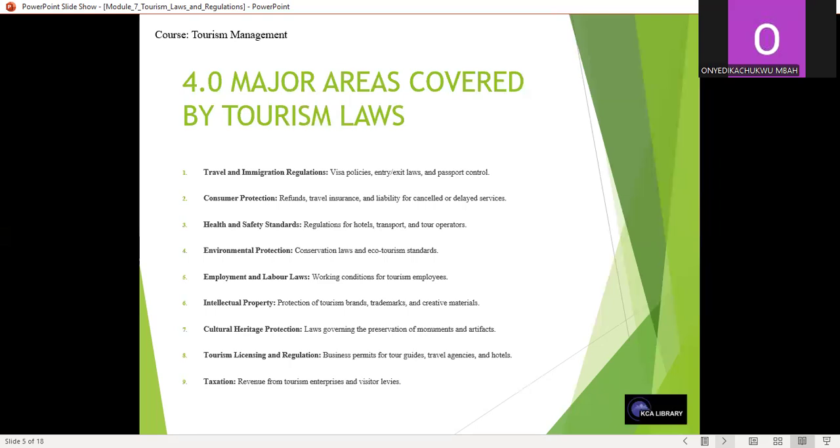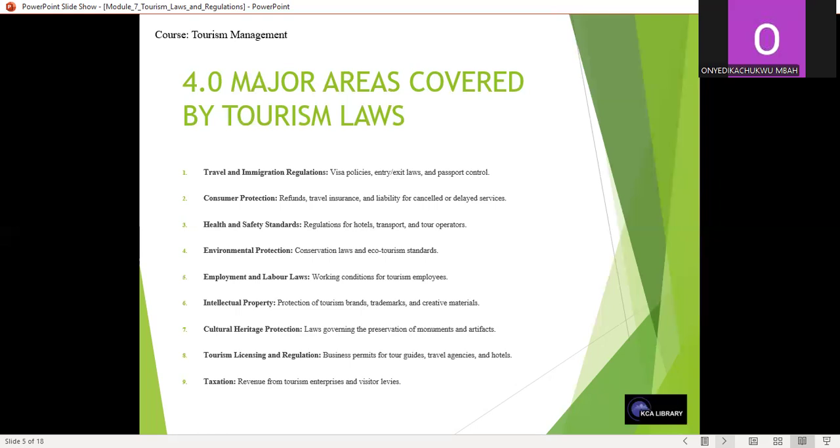Number two, we have consumer protection: refunds, travel insurance, and liability for cancelled or delayed services. Number three, we have health and safety standards: regulation for hotels, transport, and tour operators. Environmental protection, that's the conservation laws and eco-tourism standards.